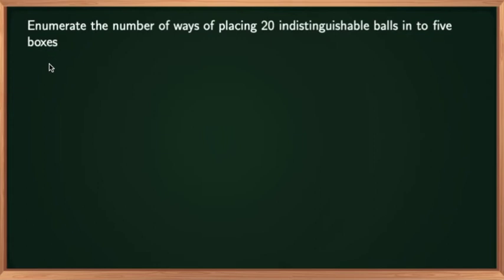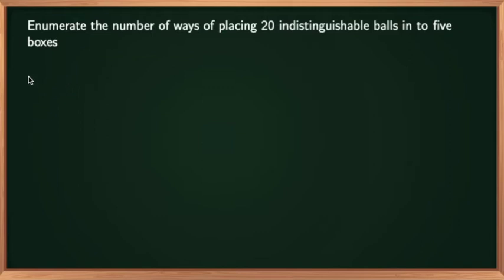Enumerate the number of ways of placing 20 indistinguishable balls into 5 boxes. So this is a particular problem which can be done in a lot of different ways, and this is a base problem for dealing with a certain set of problems. Okay, so we will discuss this one in detail.